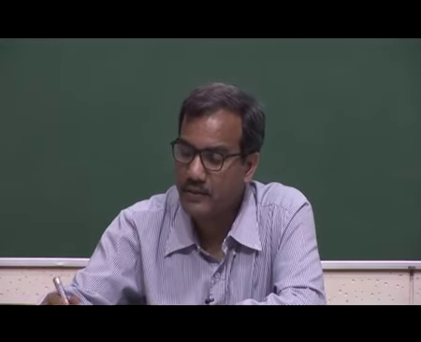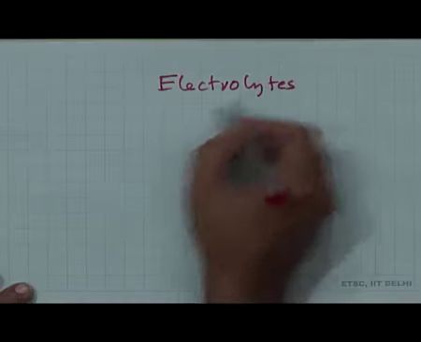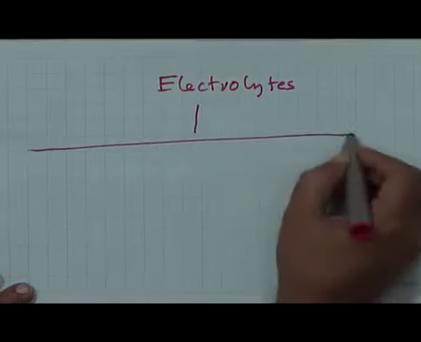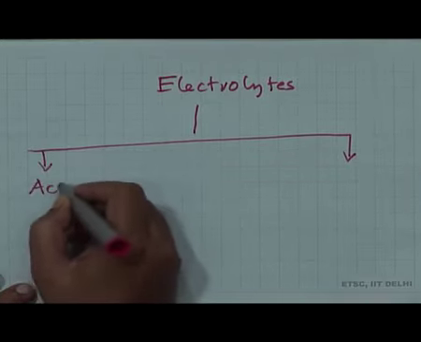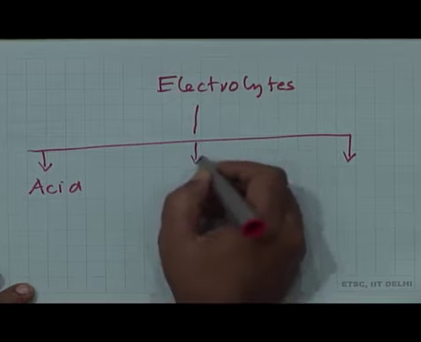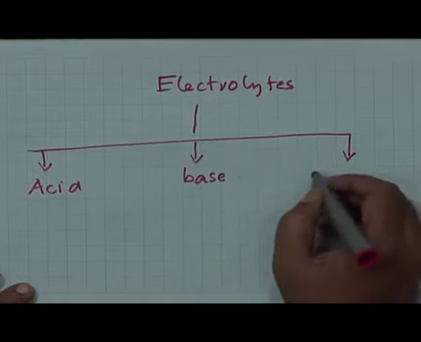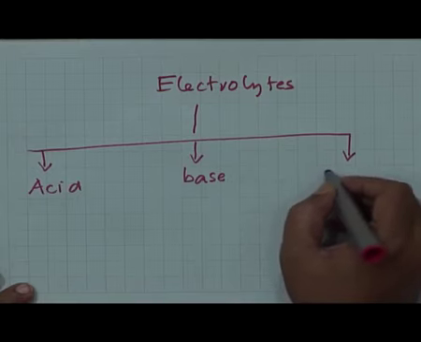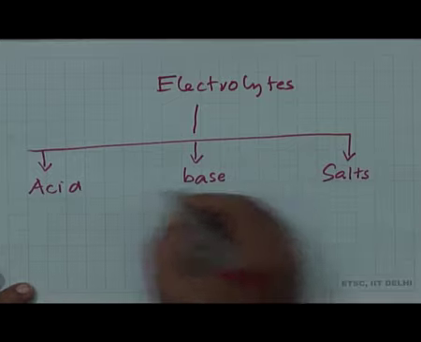Now, there are different kinds of electrolytes, and generally you can come across three different kinds of electrolytes. One is acid, second is base, and third is salts. Acid, base, salt.